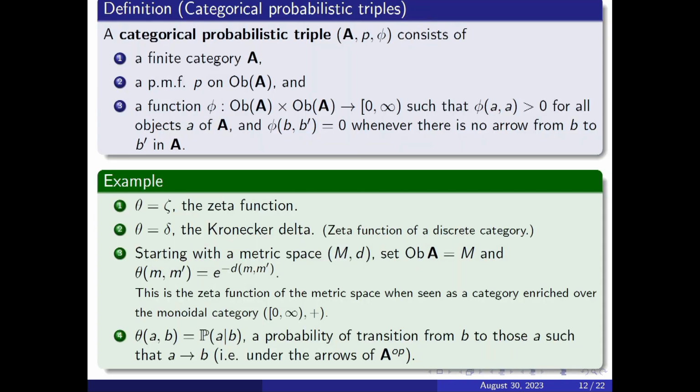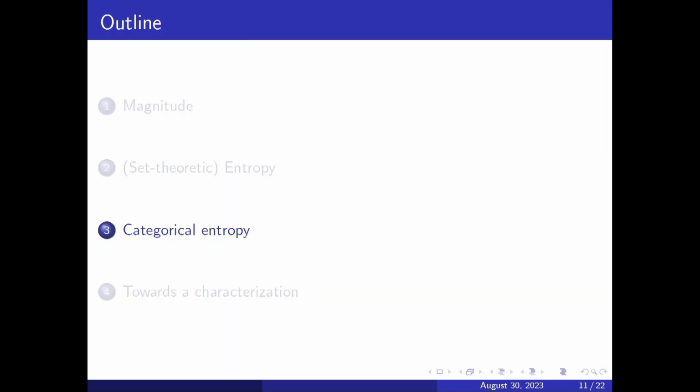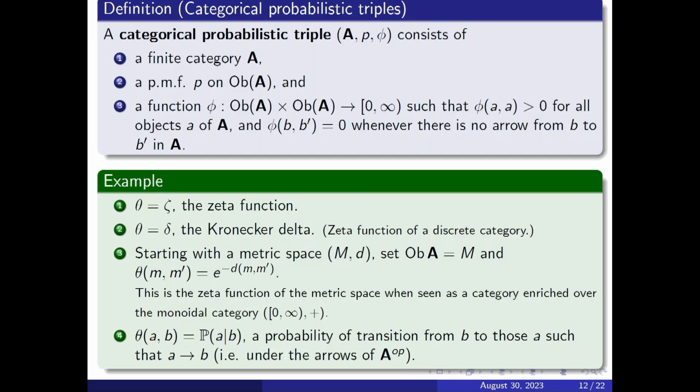So now I'm going to explain what this categorical entropy is. Now, the entropy is the entropy of a measurable space. So you need, let's say, a finite set with a probability mass function. In this more general setting, we'll have a finite category, a probability mass function on the objects, which is a finite set.